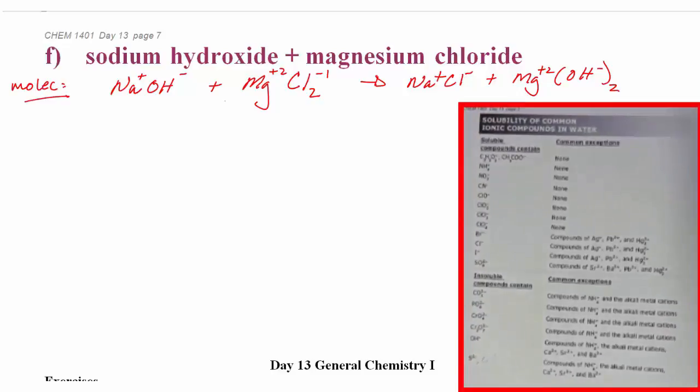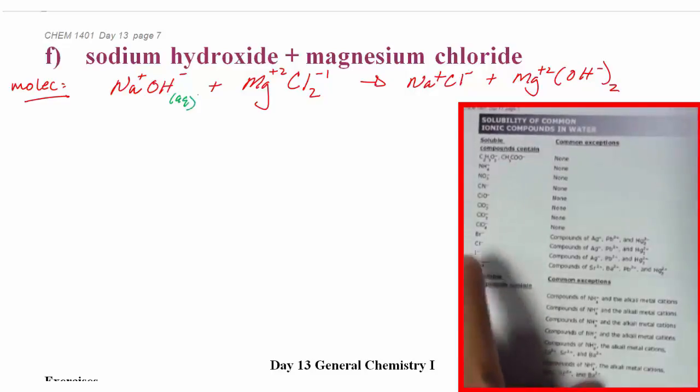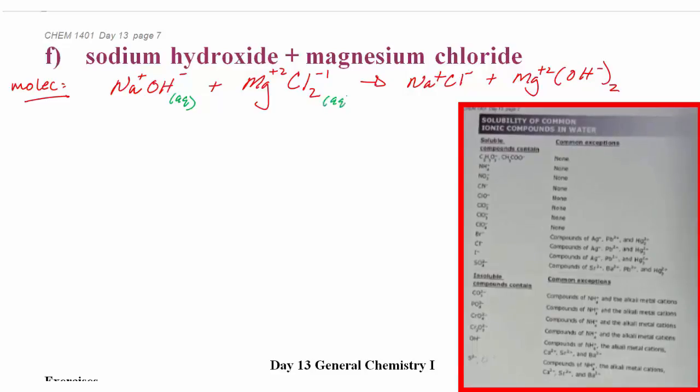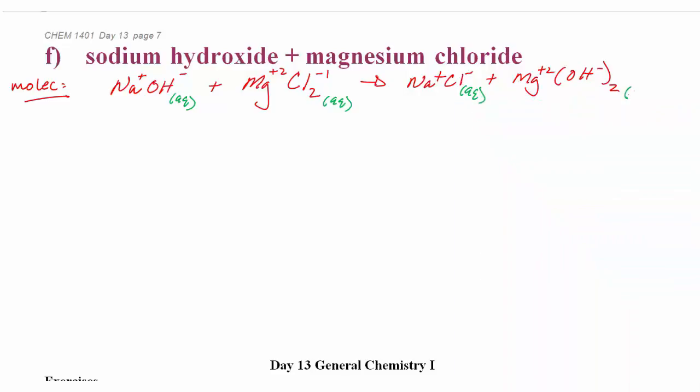So now let's determine if everything is aqueous or solid. Alkali metal, always aqueous. Magnesium chloride, aqueous. Magnesium hydroxide. Hydroxides are insoluble, and magnesium is not an exception.